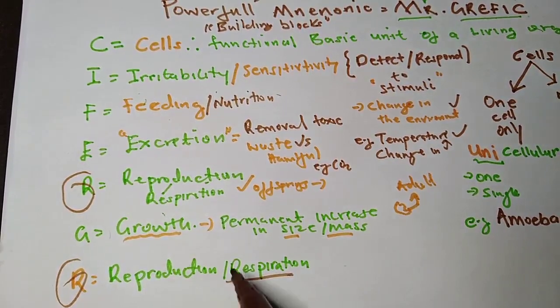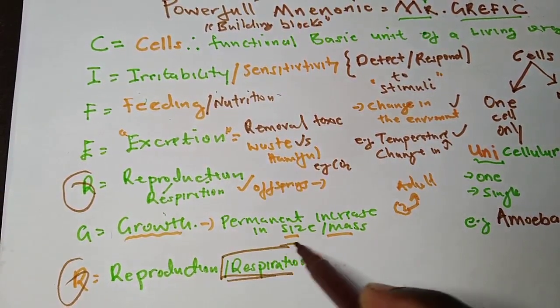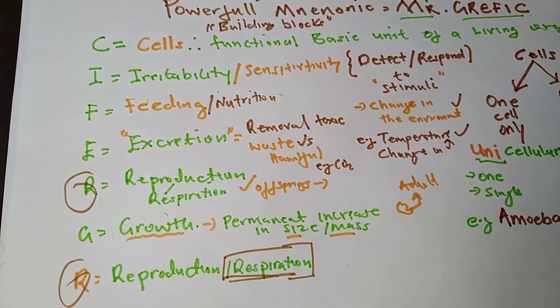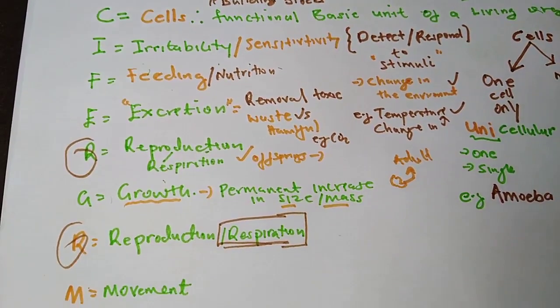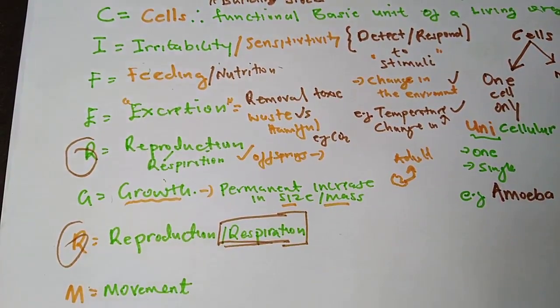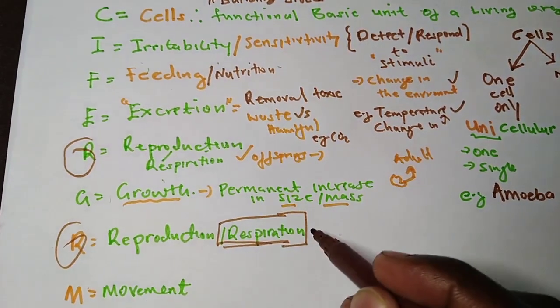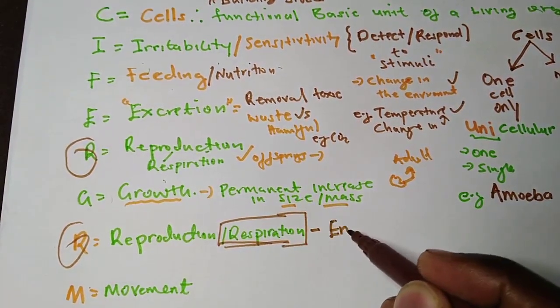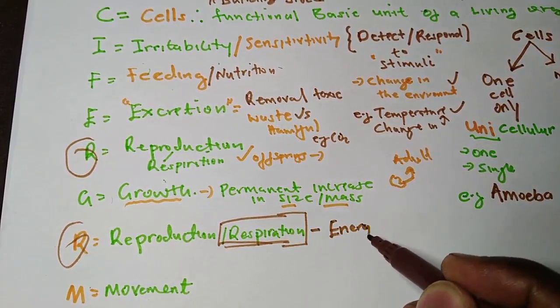We've talked of reproduction. Now respiration. Remember, when we feed, we eat something. Why do we eat? It's to get energy. We get energy from the food we eat.